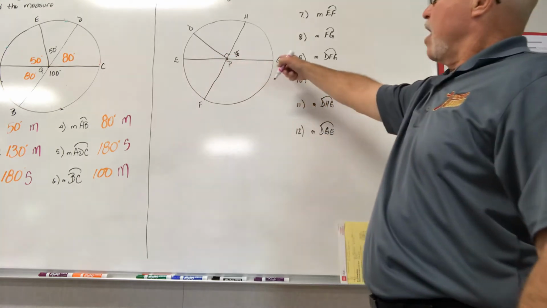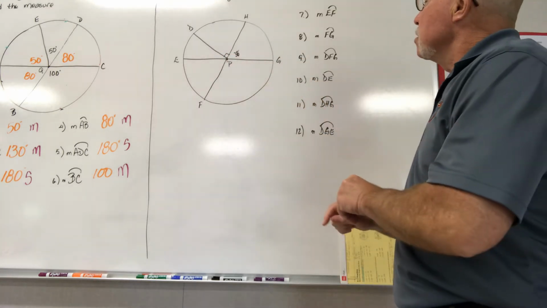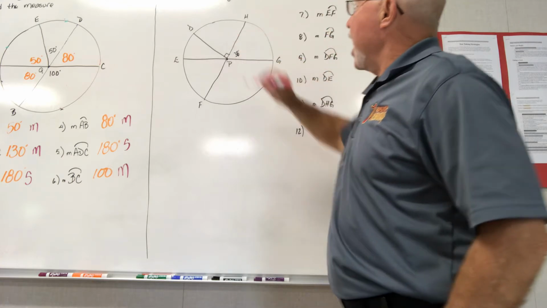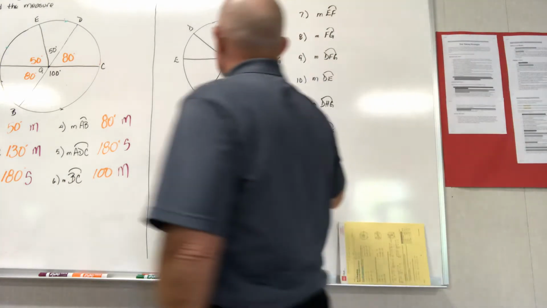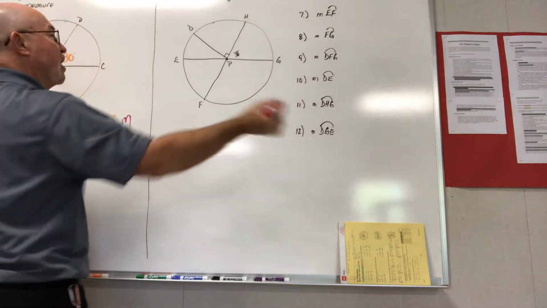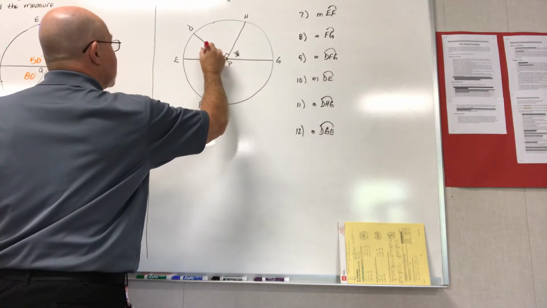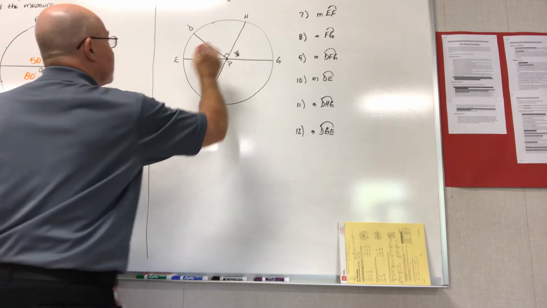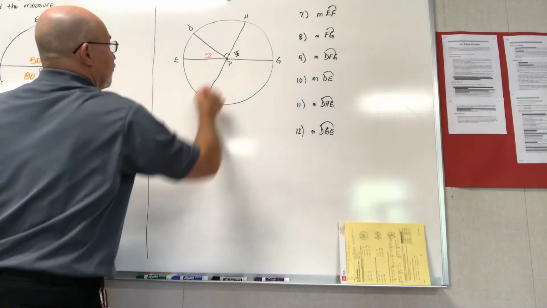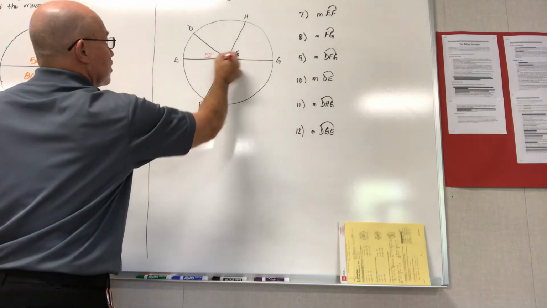I've got a half circle, and of that I have 38 and 90. 90 plus 38 is 128, subtracted from 180, 52 degrees. Vertical angles are equal.